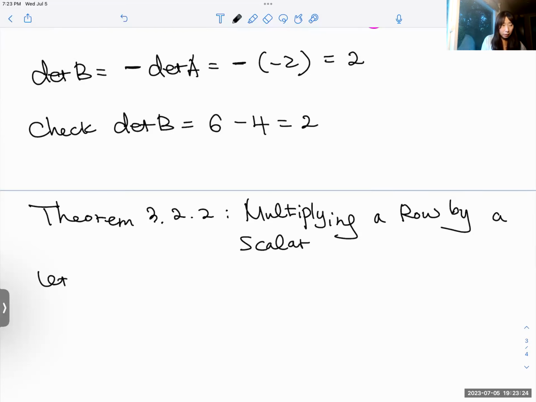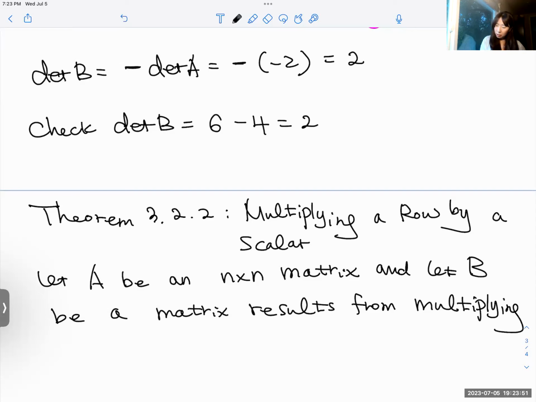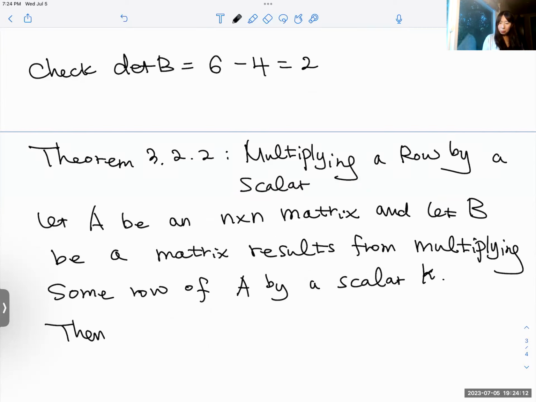Okay, so we have let A be an n by n matrix, and let B be a matrix resulting from multiplying some row of A by a scalar K, then multiplying by the scalar.